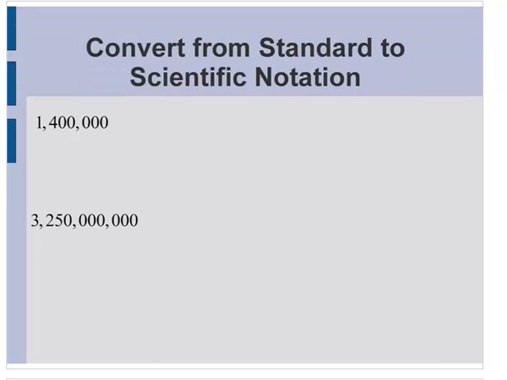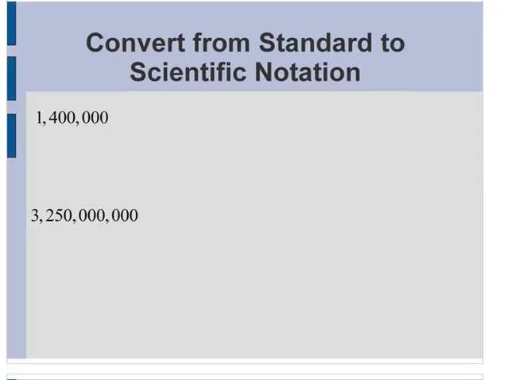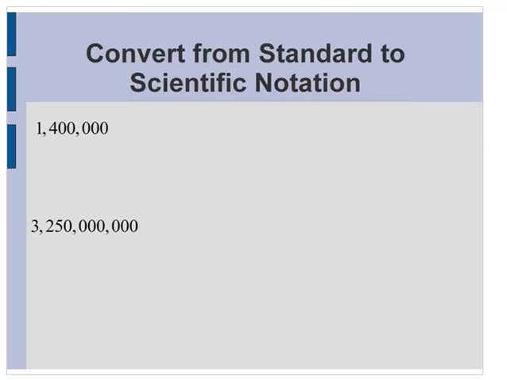Alright, so now let's take this in the other direction. Let's start with standard notation and go to scientific. Alright, so remember, to get it in scientific notation, it must be in the form b times 10 to the nth power, where b must be between 1 and 10. So basically, the first thing I'm going to do is find a decimal number in this number that's between 1 and 10.